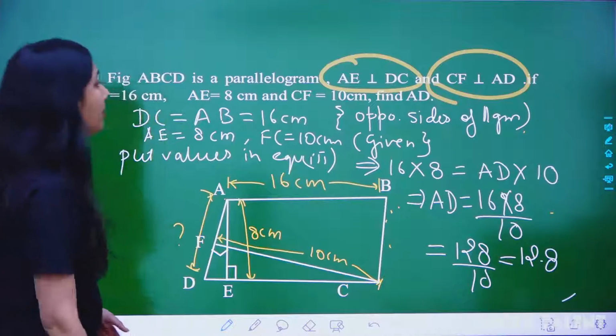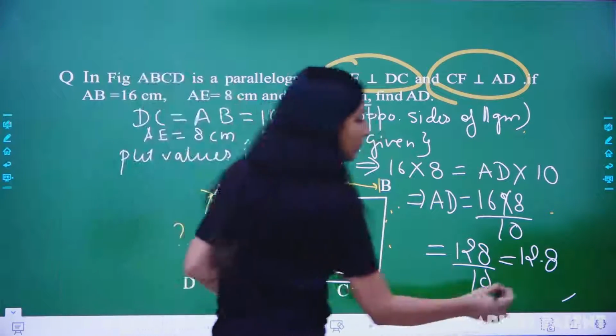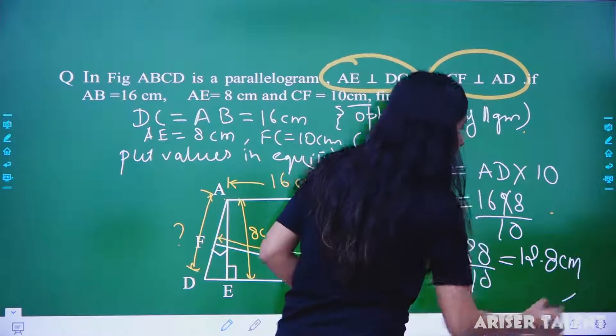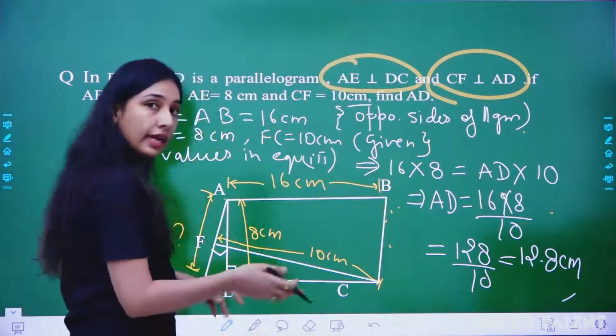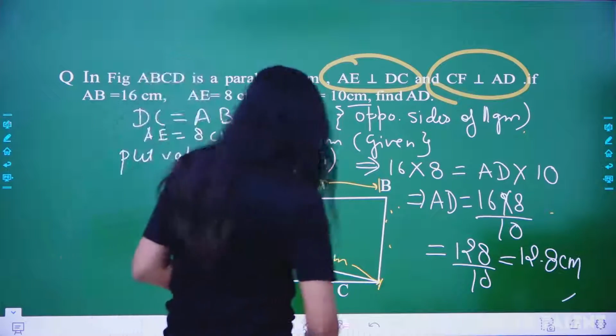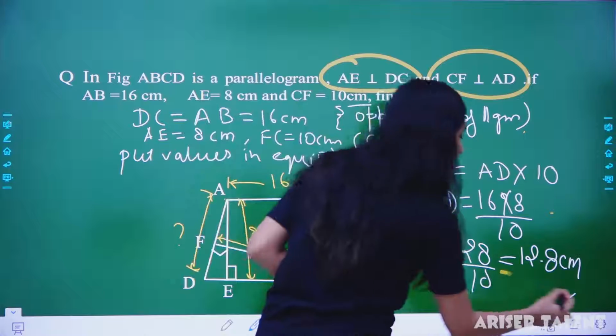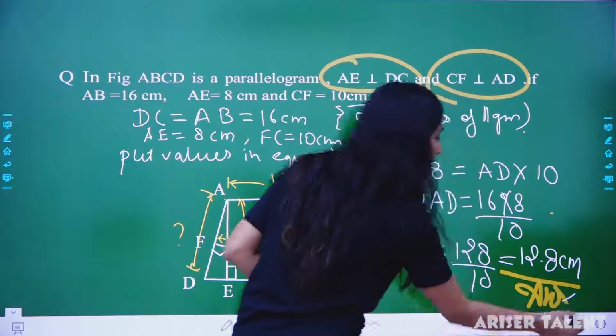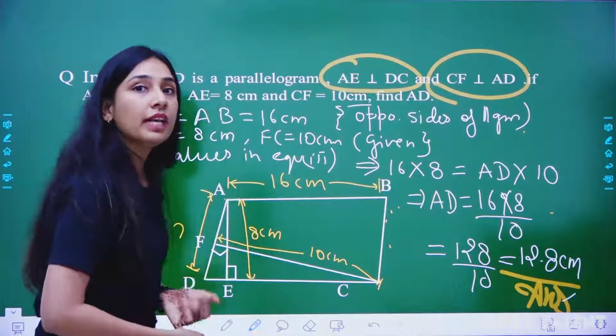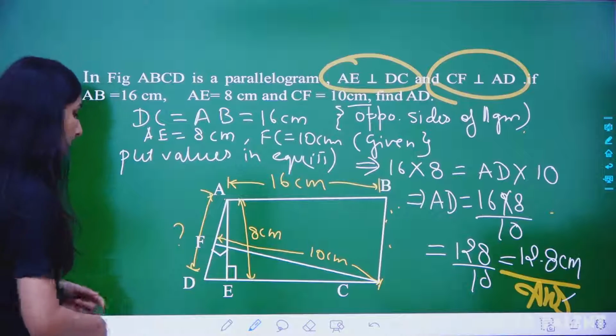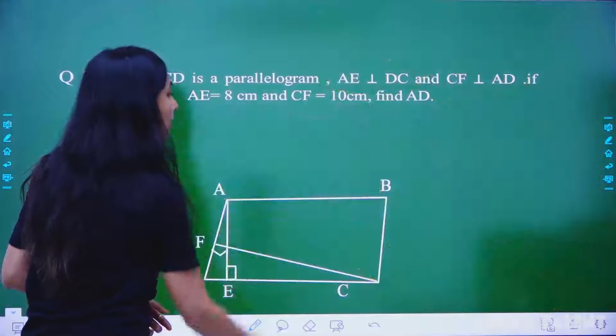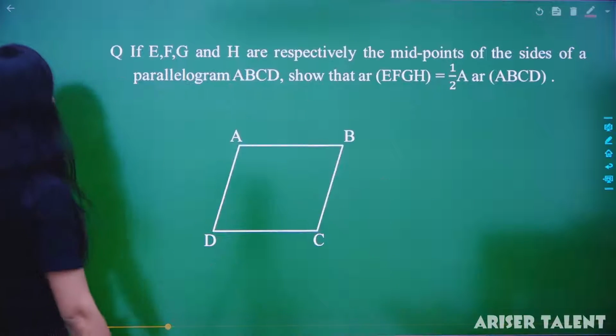Now, with the units, we'll have centimeters. And what is this? A side, not an area. That will be our answer. So that will be your answer for sure. Now, understood that?